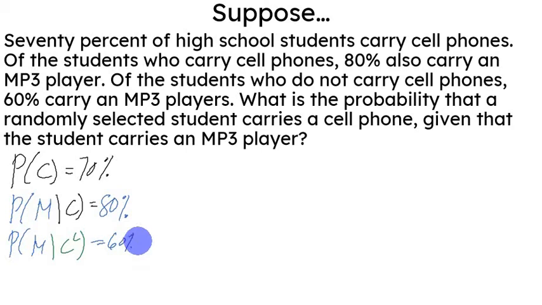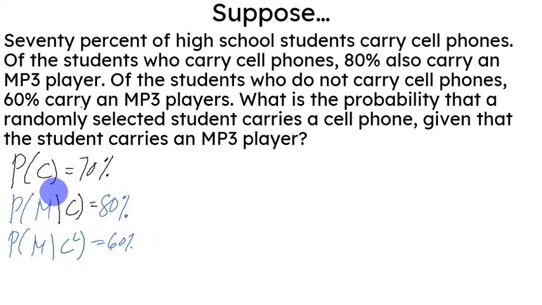So our new piece of information is that there's an 80% chance that a student carries an MP3 player provided he carries a phone, and there's a 60% chance that the student carries an MP3 player provided he doesn't carry a phone.